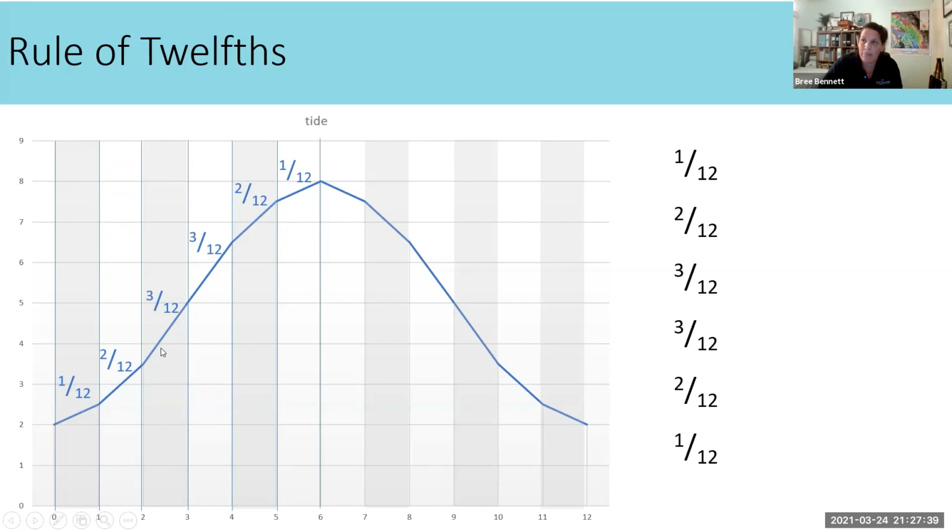So that's our rapid change in the third and fourth hour after our low or high tide. And then it goes back to 2 and then 1. So we have this pattern of 1, 2, 3, 3, 2, 1, and those are 12ths of the range.